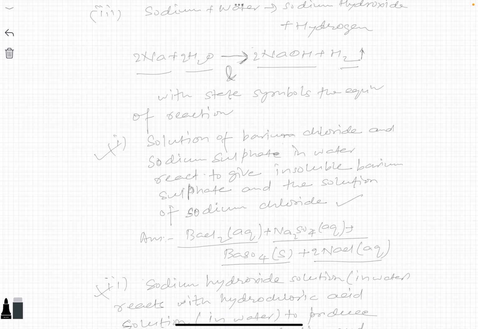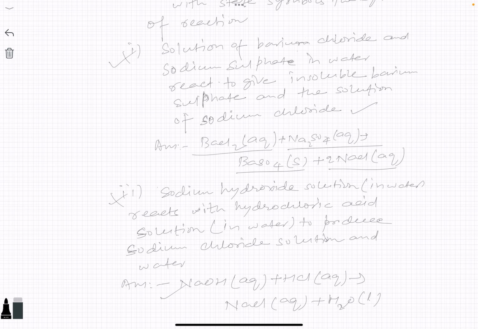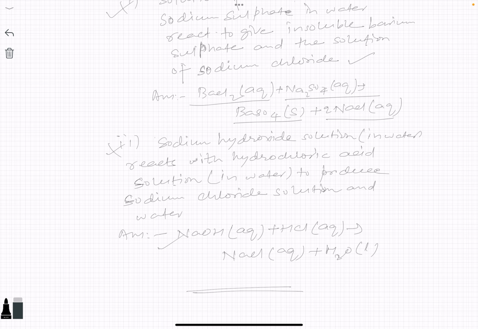Second, sodium hydroxide solution in water reacts with hydrochloric acid solution in water to produce sodium chloride solution and water. It will be written as NaOH aqueous plus HCl aqueous gives NaCl aqueous plus H2O liquid.